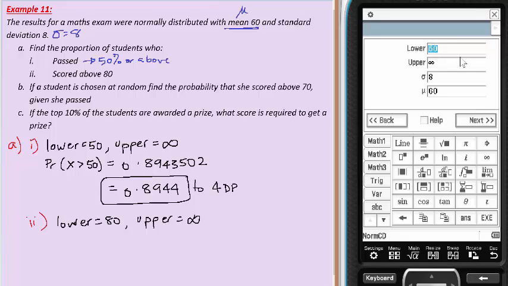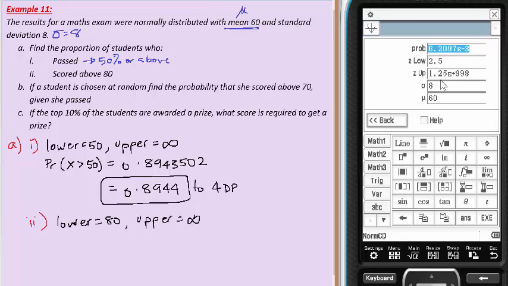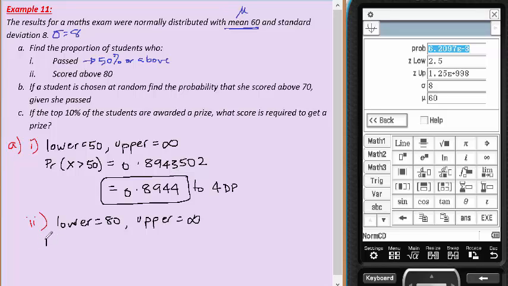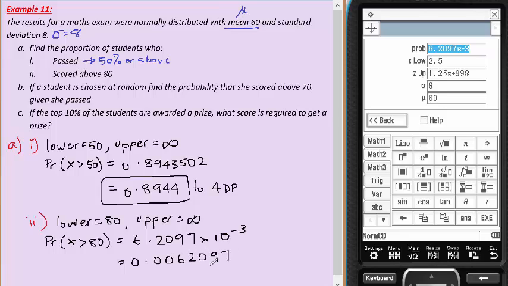All I need to do is change this to 80 and hit next, and I find that this funny number, which means 6.2097 times 10 to the negative 3, which equals 0.0062 to 4 decimal places. And there's my answer for part 2.